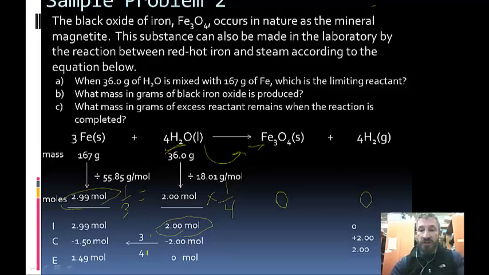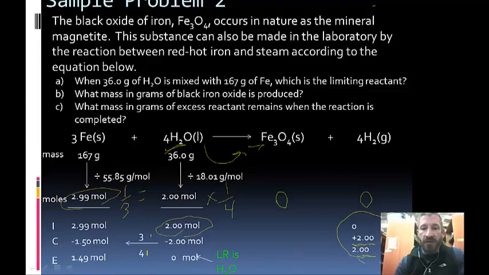Now also, for the amount of hydrogen that is produced, it's the same ratio as hydrogen and water. So the amount that the water goes down is the same as the amount hydrogen goes up, because it's a 1-to-1 ratio. But you're adding that to 0, so you end up with 2 moles of hydrogen at the end.